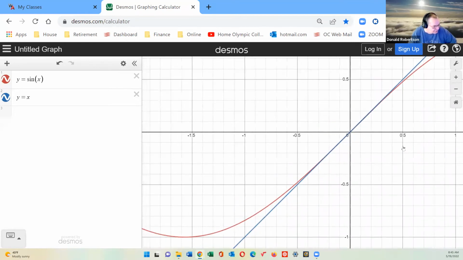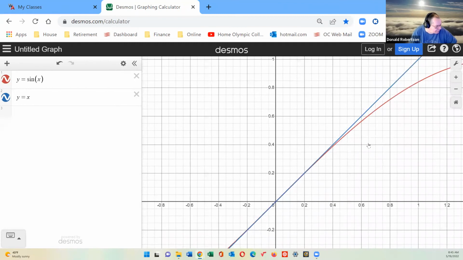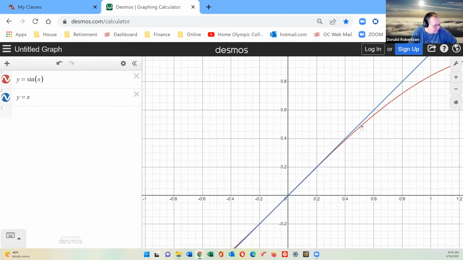Would you agree it starts to drift round about a half? You see it? Zoom in there. Can you see it beginning to drift round about there, right? It looks to me like it is pretty decent at 0.4. Would you agree the gap there is only a little bit?